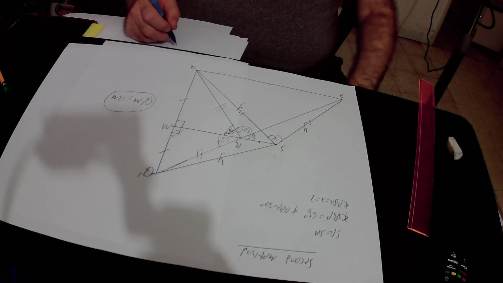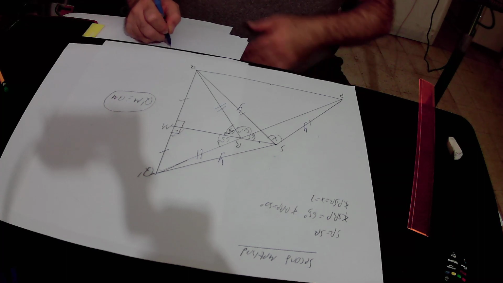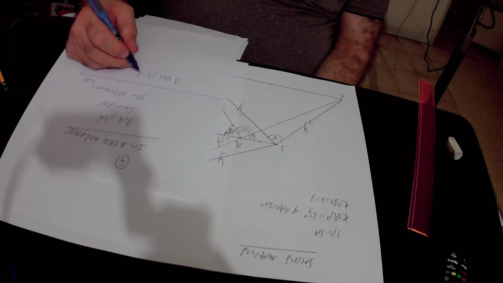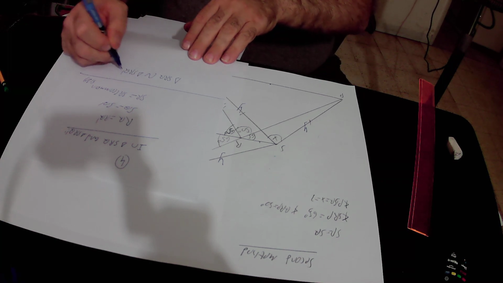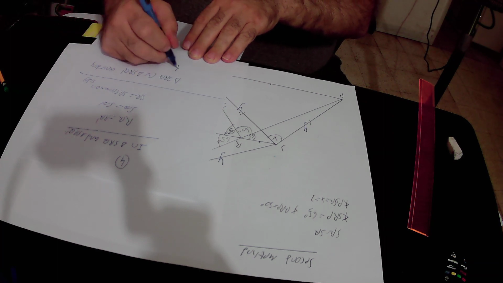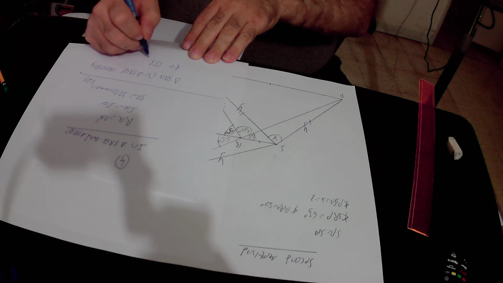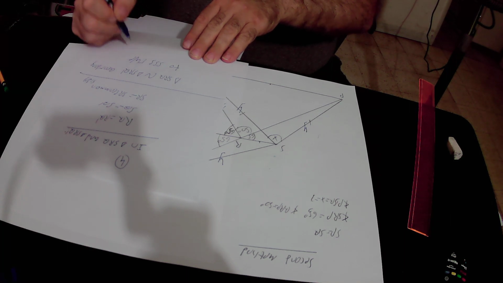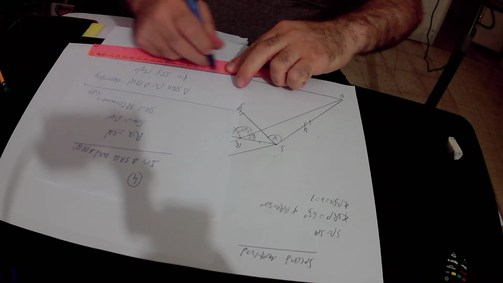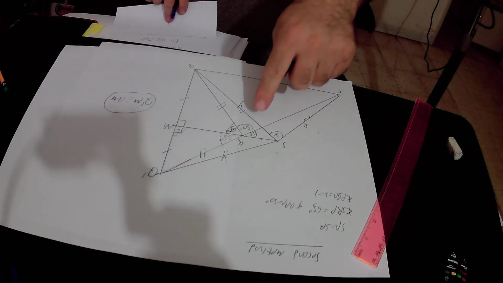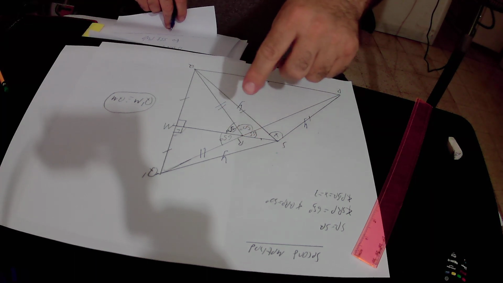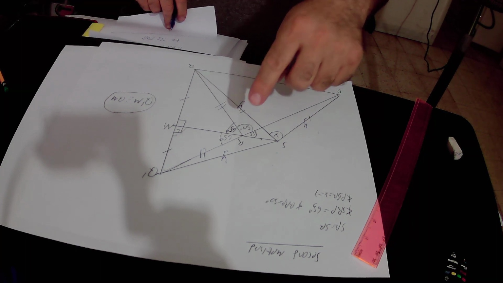Triangle SRQ is congruent to triangle SRQ dash according to side rule. All the sides of triangle SRQ are correspondingly equal to all the sides of triangle SRQ dash. Therefore, those two triangles can go into each other according to side rule.